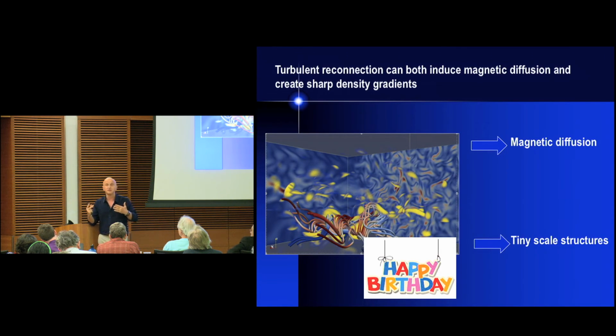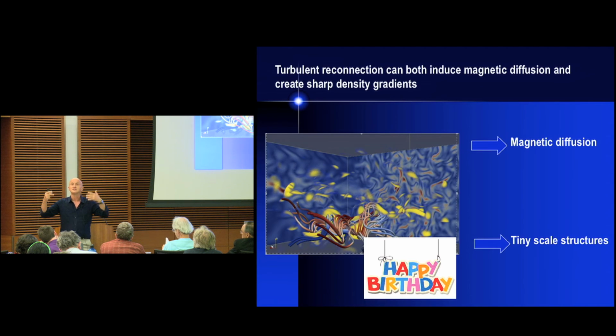But at the same time, maybe I should be more careful and say not resistivity but damping. We know that there is neutral-ion and ion-neutral damping, which somehow damps the turbulence. In this situation, we stop our cascade at a particular scale, which is determined by the neutral-ion collisions.